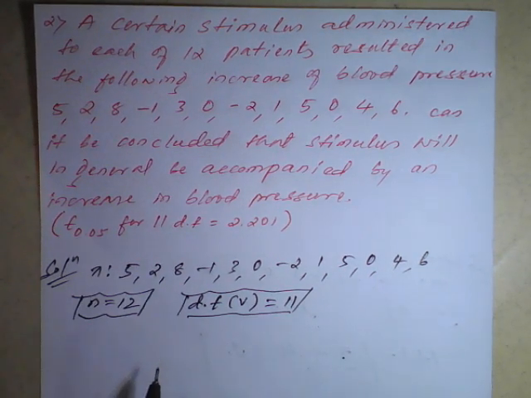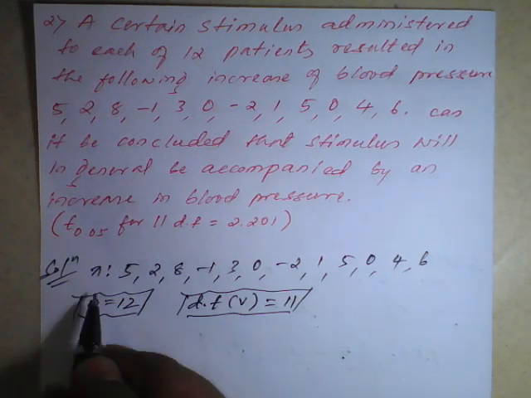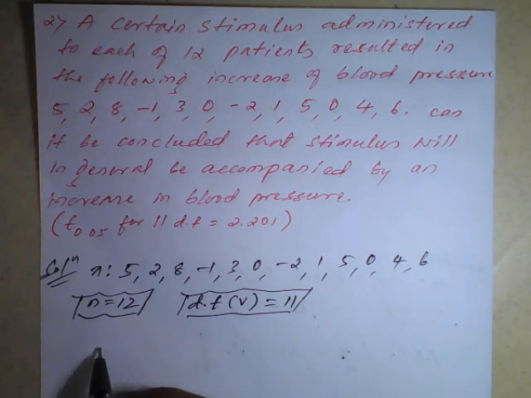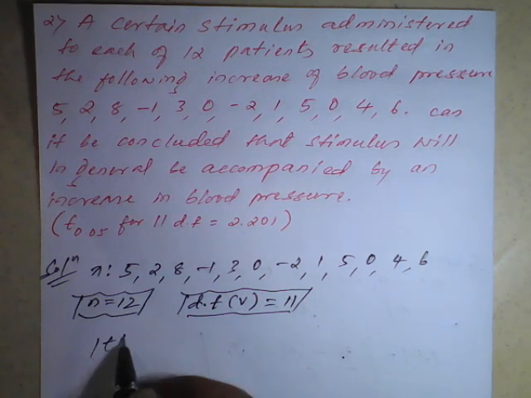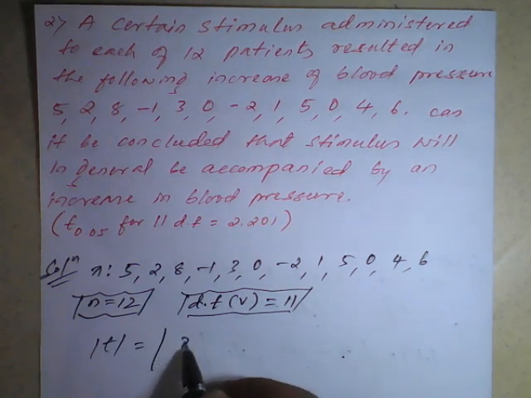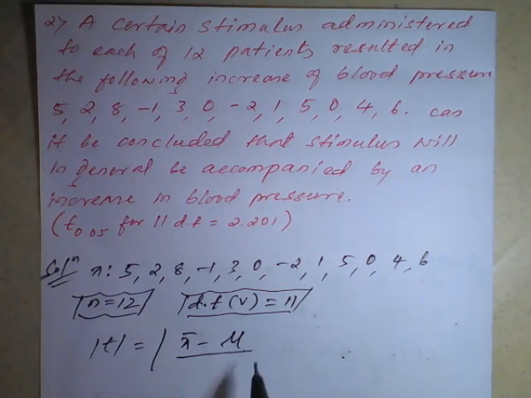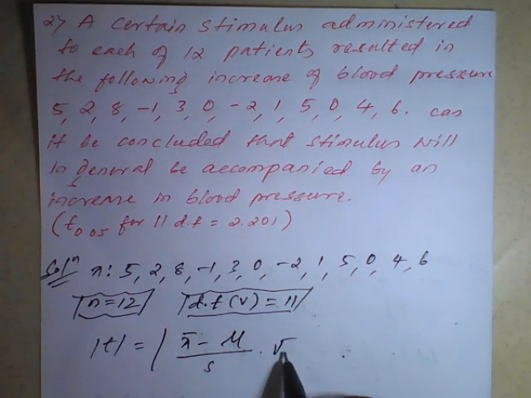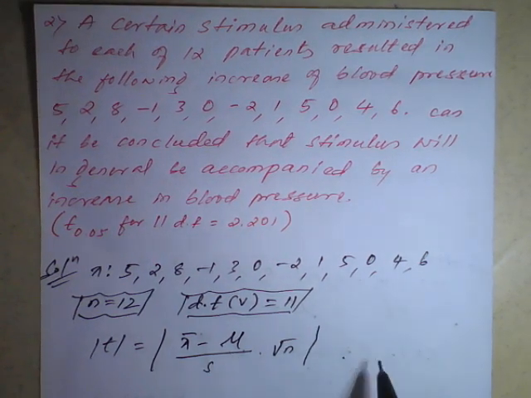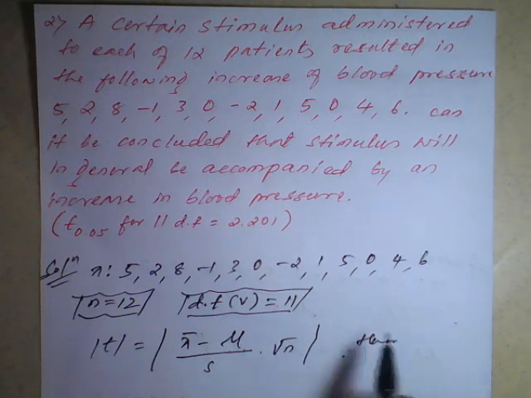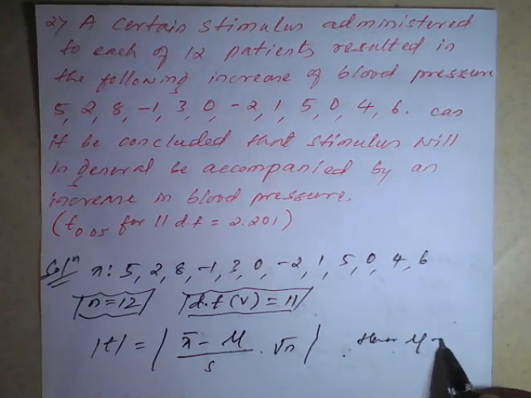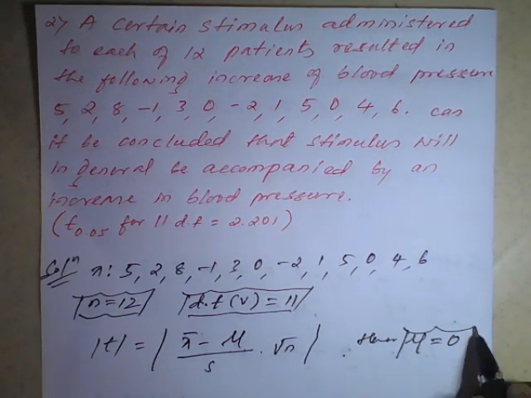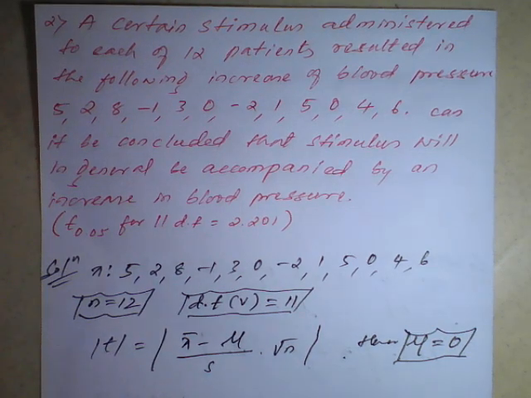So once we got it, we know that the formula for t is x bar minus mu divided by s into root n. Here they have not told anything. Always if nothing is given, mu value will be 0. Always we have to consider mu value 0 and proceed to the next level. So now we need to get the value of x bar.